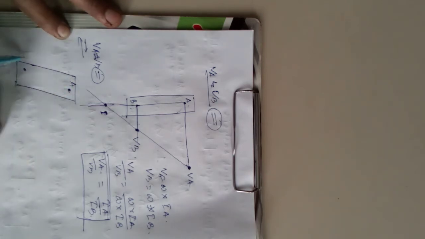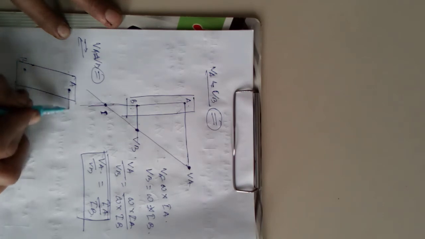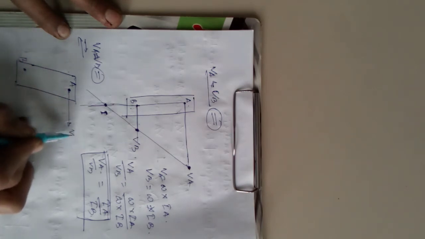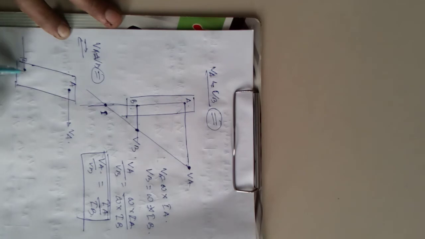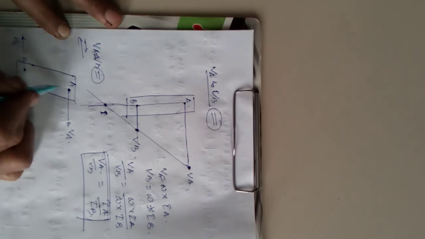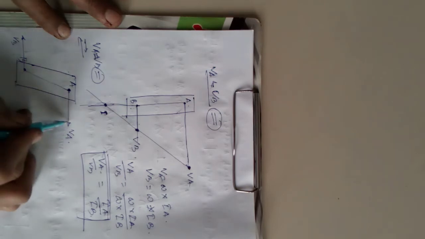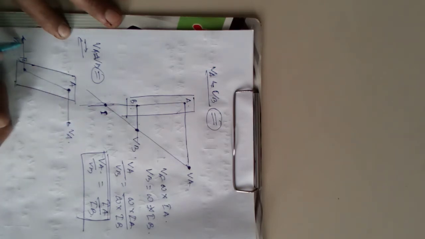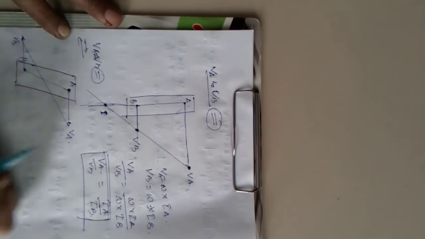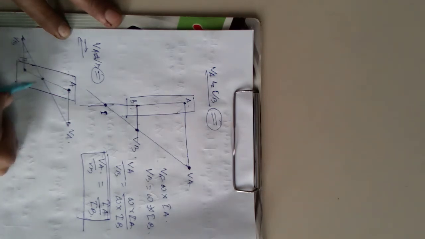So that is A, that is B, with direction VA and another direction VB. Now we will find out the instantaneous center. So join A to B, and join the tips of VA and VB, so it will intersect at a particular point, and that is the instantaneous center.